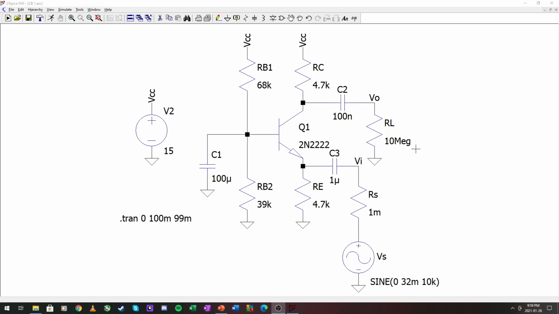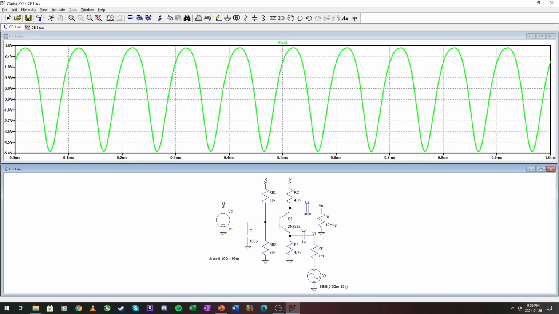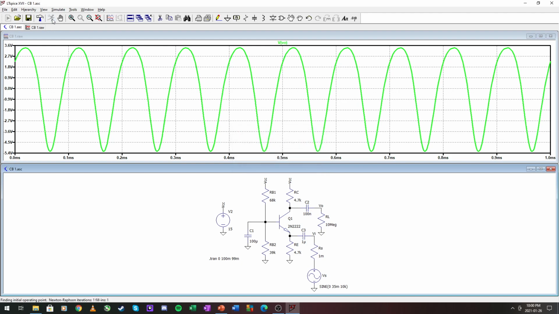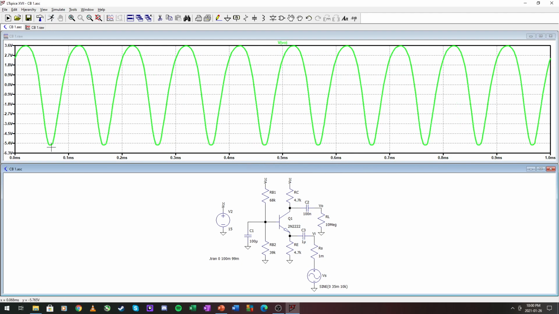Negligible source, very large load, 32 millivolts on the input, and here it will almost just start clipping, and it's very non-linear. Okay, so 35, it should clip somewhere, yeah, where it starts to flatten.